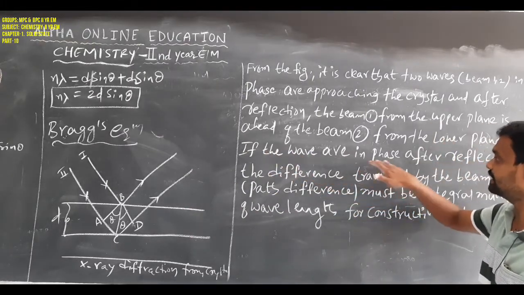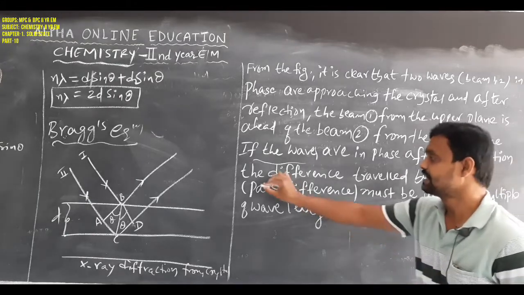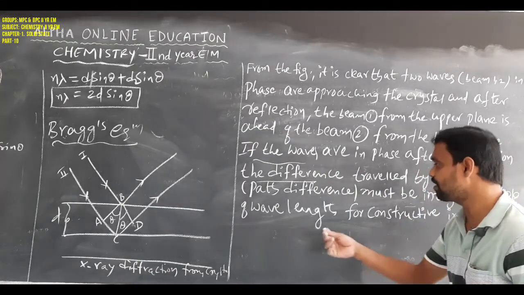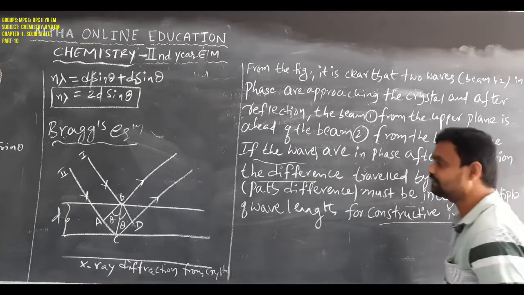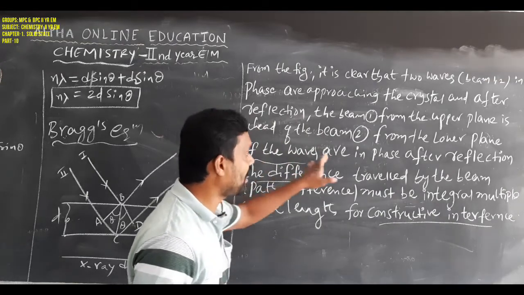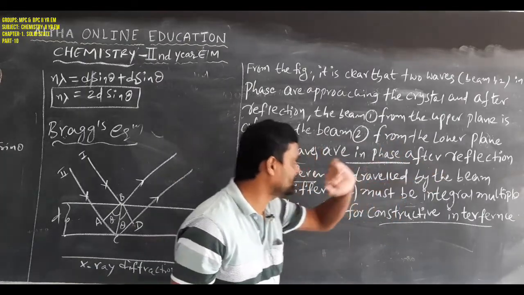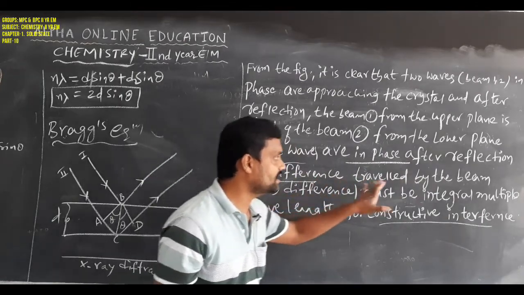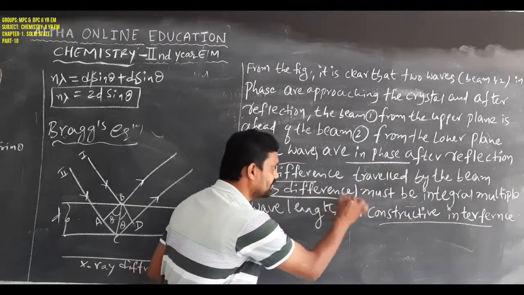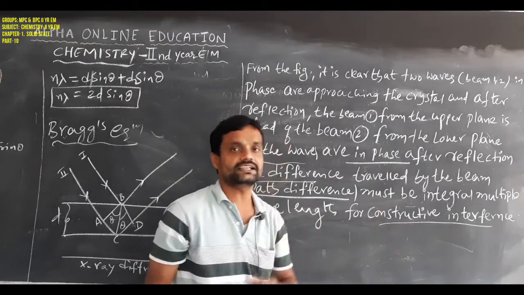If the two waves are in phase, after reflection the difference travelled by the beams, nothing but the path difference, must be an integral multiple of the wavelength for constructive interference.